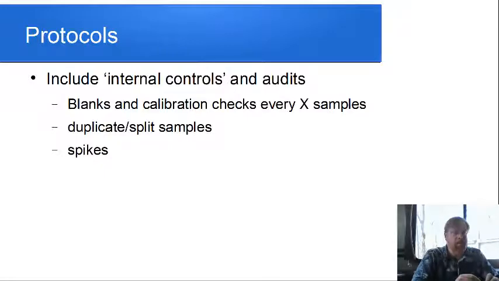The other type of spikes, and it's the one the textbook discusses, is adding a bit of extra analyte to a sample so you can help check for interference.